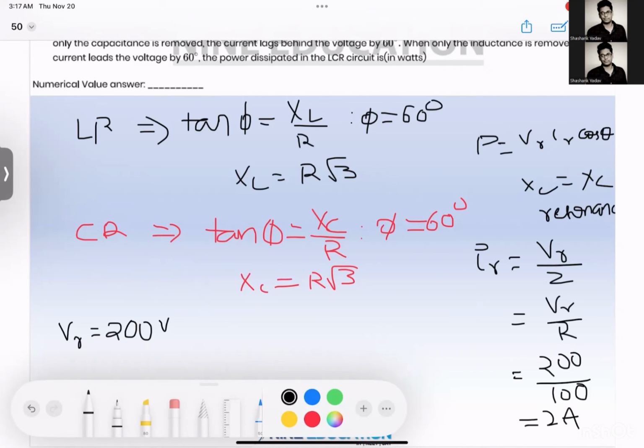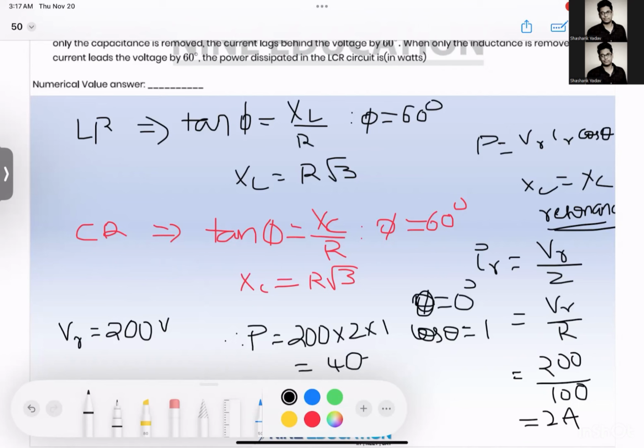Therefore, power is going to be 200 into 2 into cos theta. We know that at resonance frequency, the theta value is 0 degrees. Therefore, cos theta is equal to 1. Therefore, power factor is going to be 1. This is going to be 400 watts. Therefore, the answer is 400.